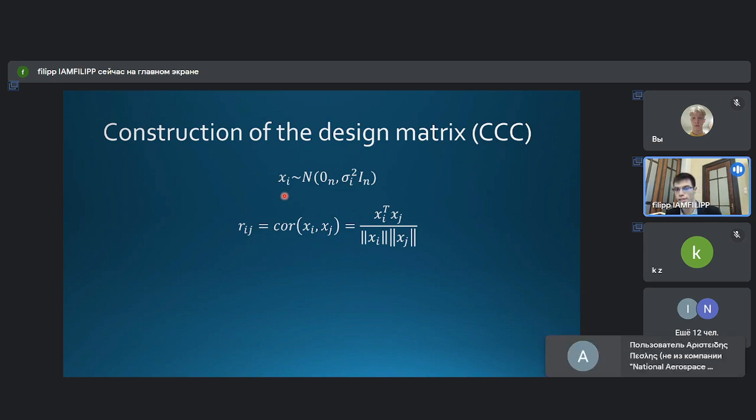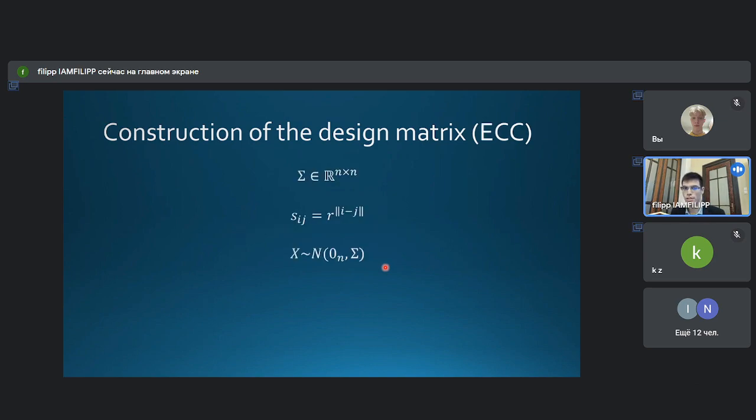Sigma is, of course, the variance of our normal distribution, and R is the correlation coefficient. It's also called the Pearson R. That means that we measure the linear correlation between the columns of X. Now, this identity will be true for the desired R and the columns of the data matrix.